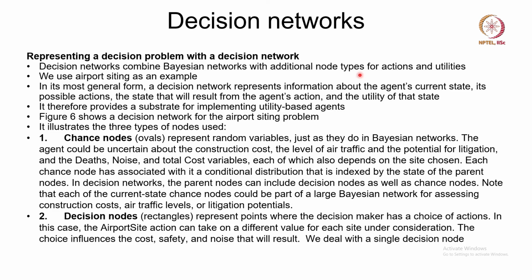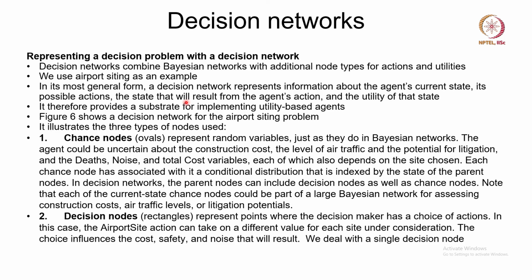We will use the airport siting, or finding a site for the airport. A decision network represents information about the agent's current state, its possible actions, the state that will result from the agent's action, and the utility of that state.